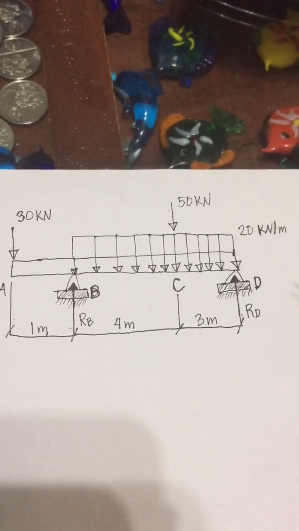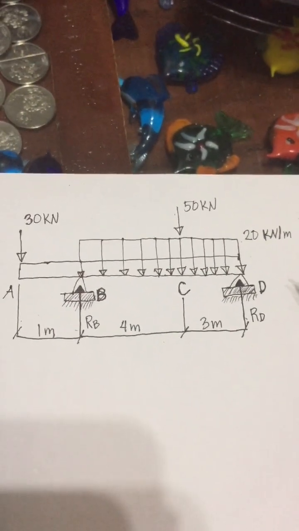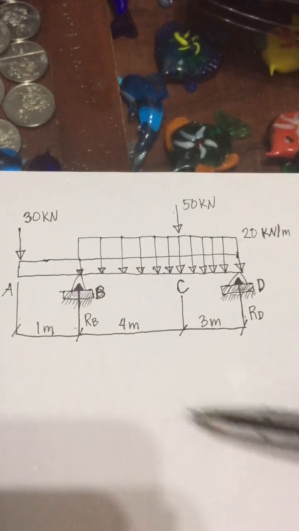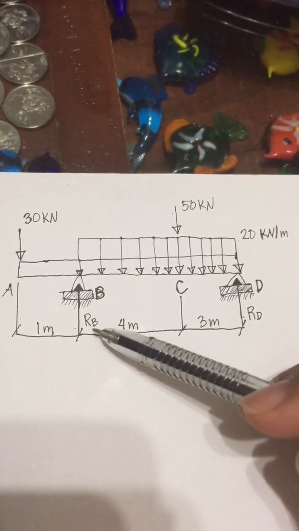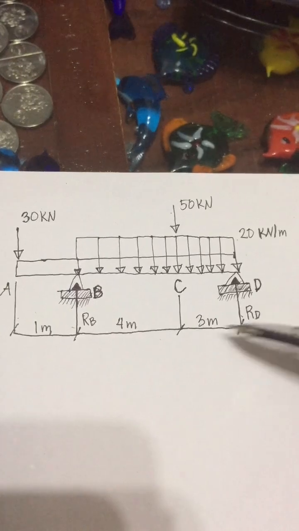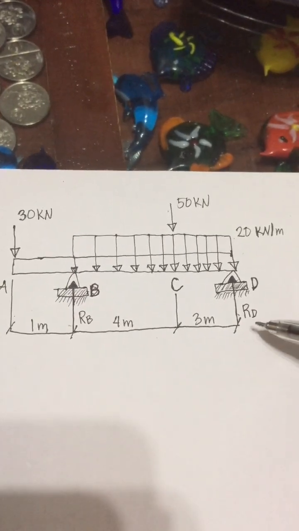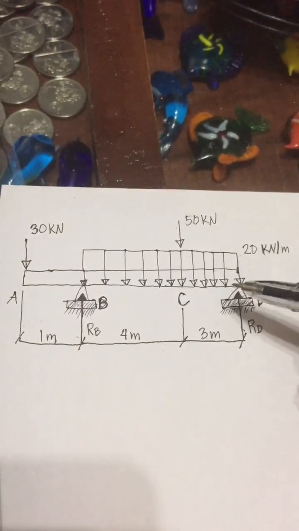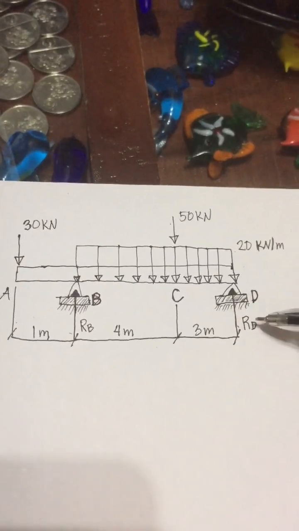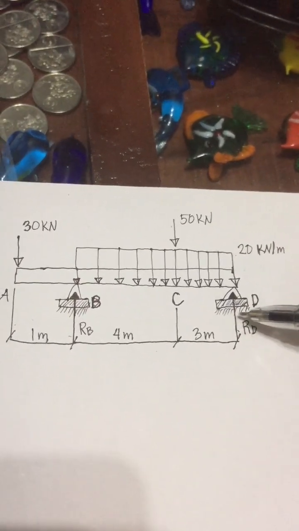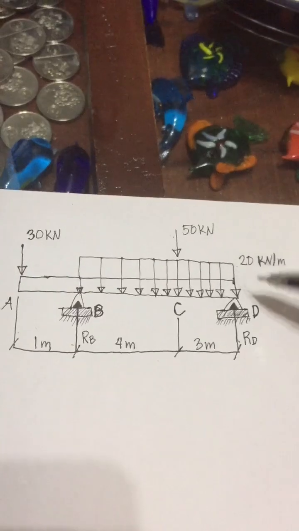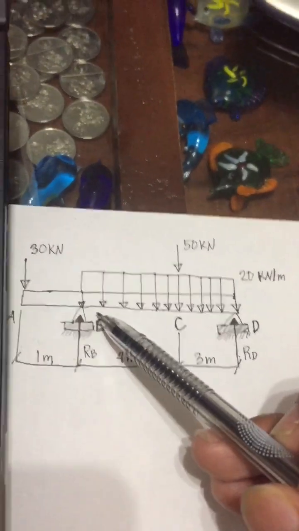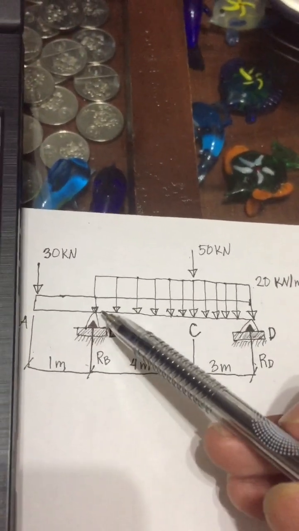In order to use the area method, we're going to first find the reactive forces at B and D, which are RB and RD. To find RD, we apply moment at B in a clockwise direction.